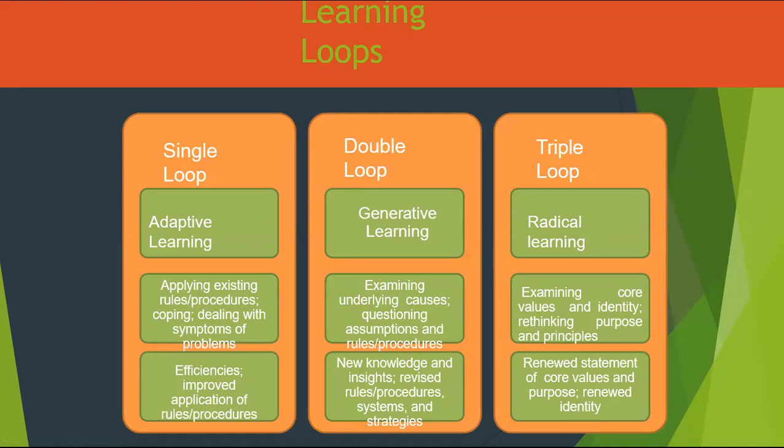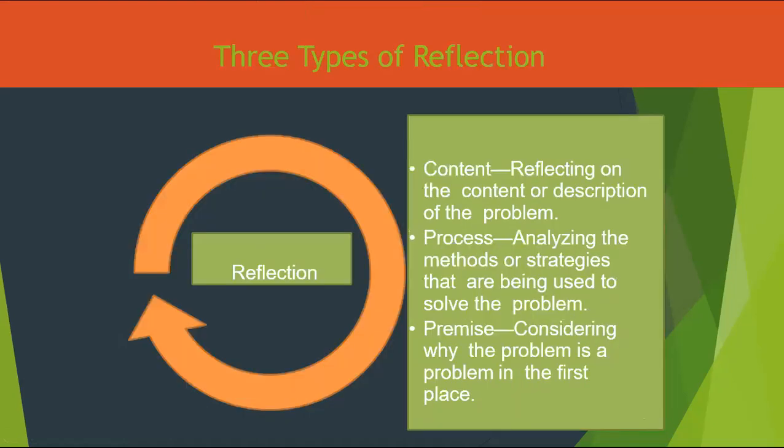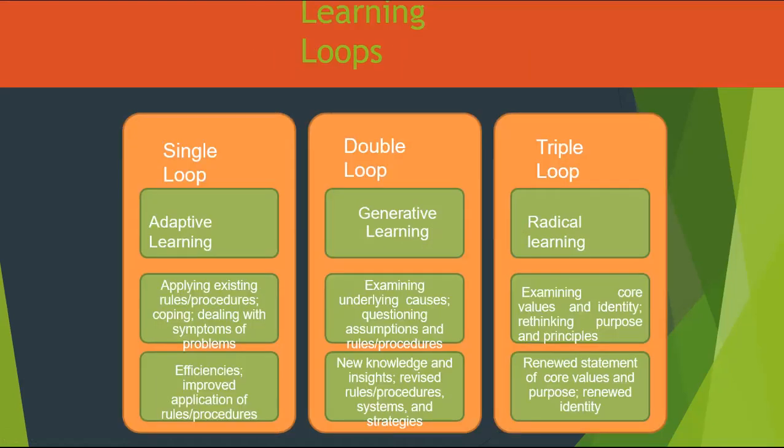When you're talking about learning loops, number one is plan, the second thing is do, the third is evaluate, and the fourth is learn about the things. The meaning is: am I doing things right?